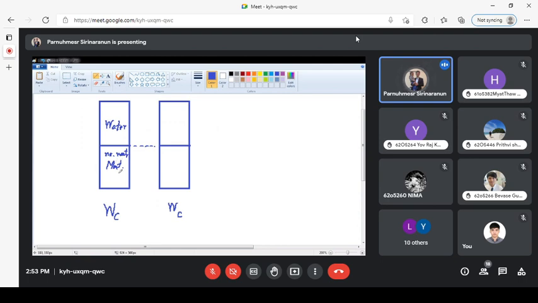Only material only. No space, no anything. Imagine something like this. So this material has its weight. Clear? Clear or not? So the first container has the weight of material inside.